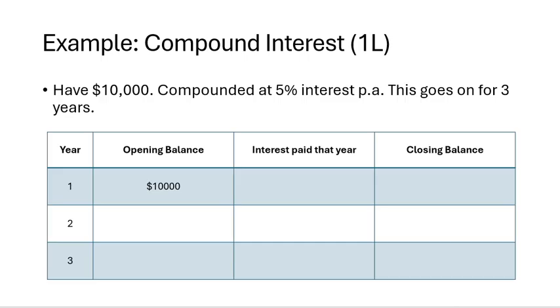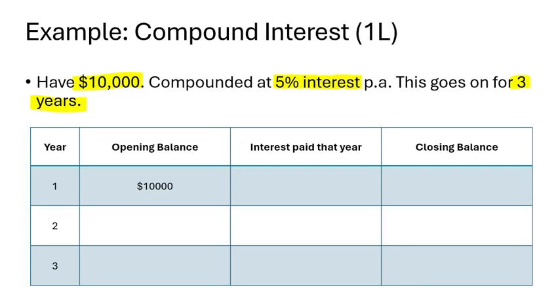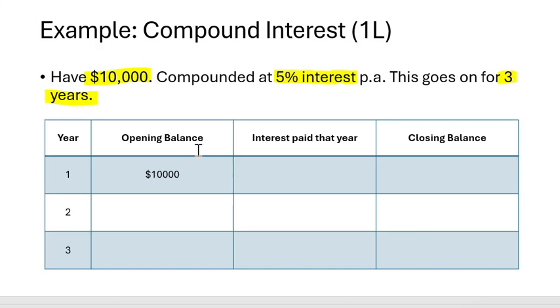this is just an example that I've done. So you have $10,000 compounded at 5% interest, and this goes on for 3 years. What you're going to do is apply this I equals PRT. I did type it here earlier, but I will just type it up again.